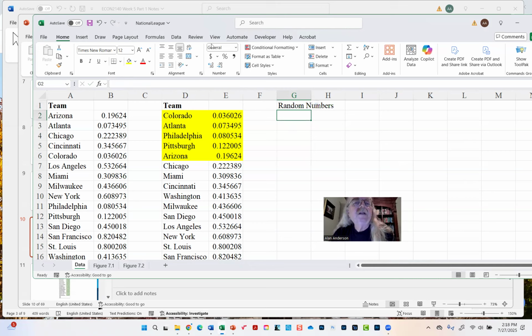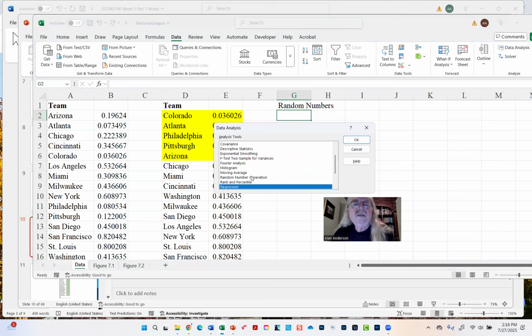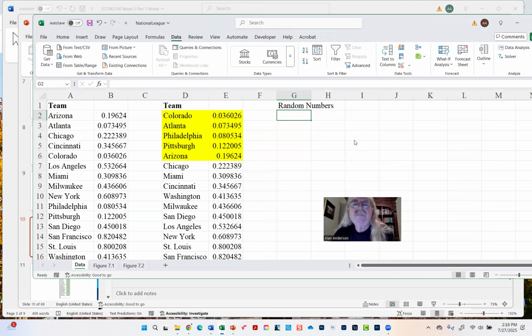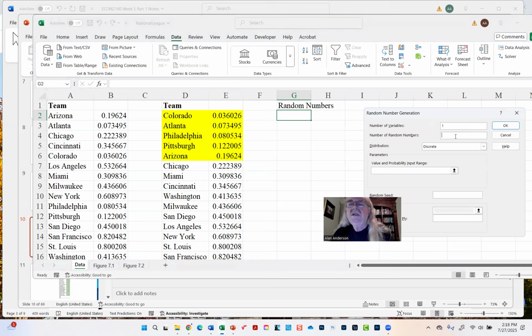You go to Data Analysis, Random Number Generation. So the number of variables would be just the one. And let's say we want 20.